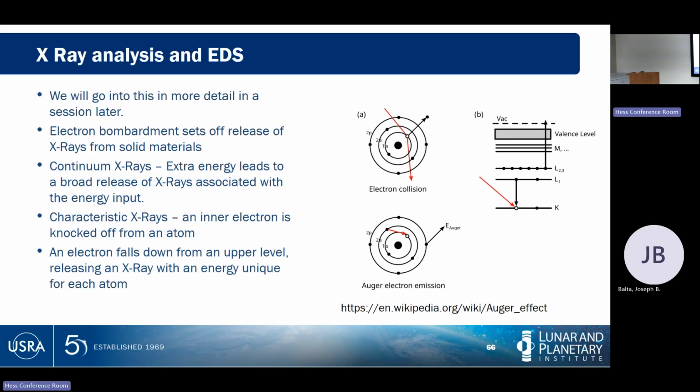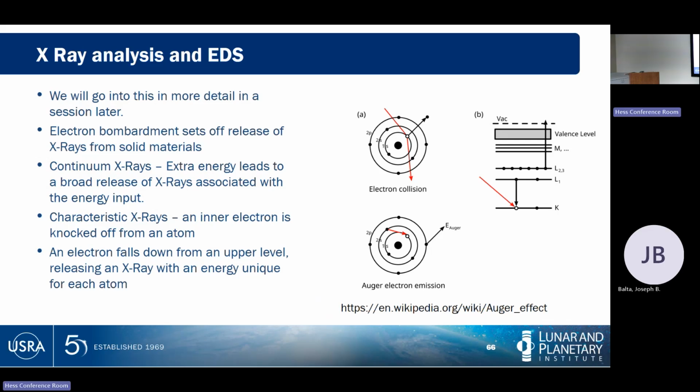An outer electron will fall down from one of the orbitals outside it to take its place. An electron falling from a high orbital to a low orbital will release an X-ray. So, electron bombardment of a sample causes release of X-rays.